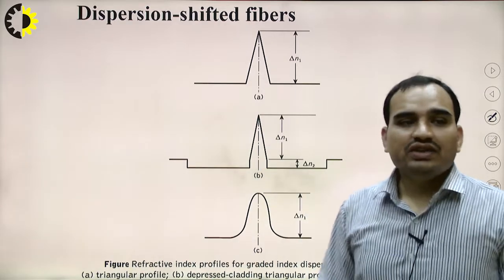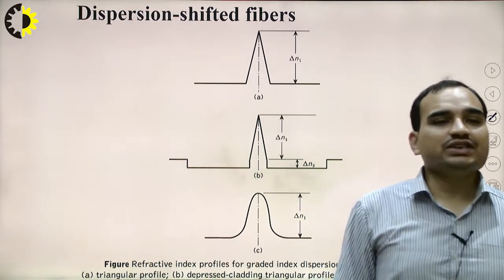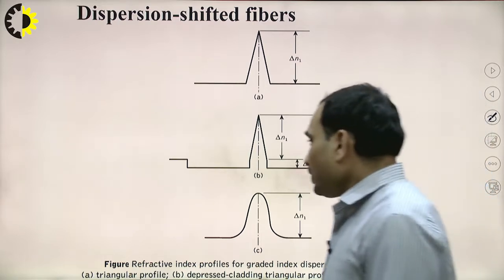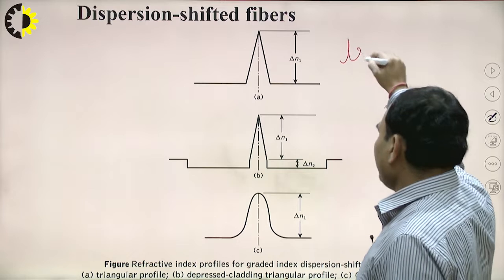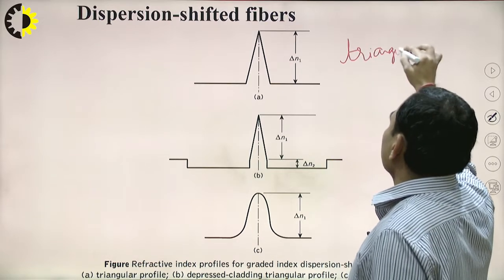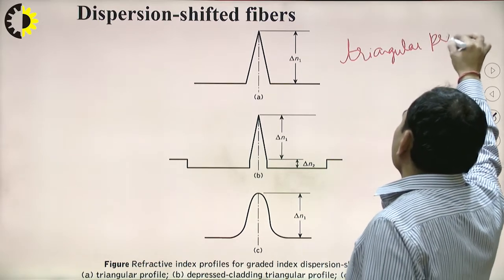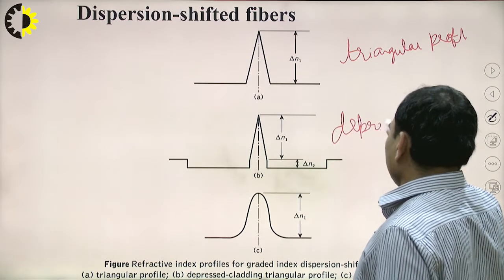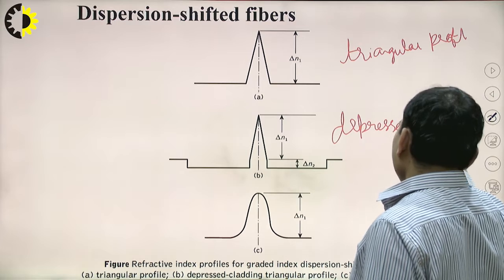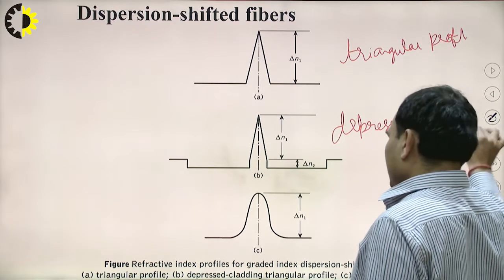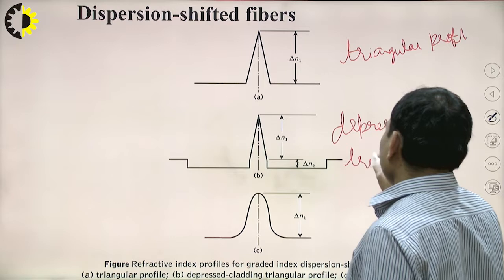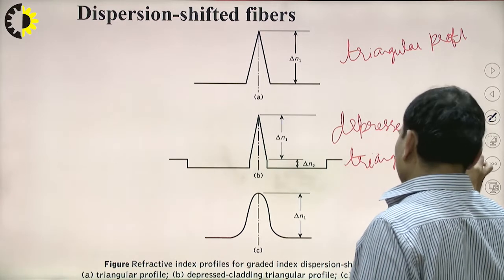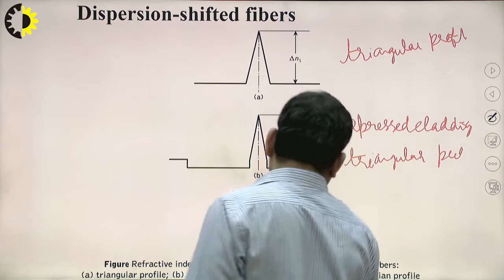There are different refractive index profiles for the graded index dispersion shifted fiber: the triangular profile, next the depressed cladding profile, the depressed cladding triangular profile, and the Gaussian profile.